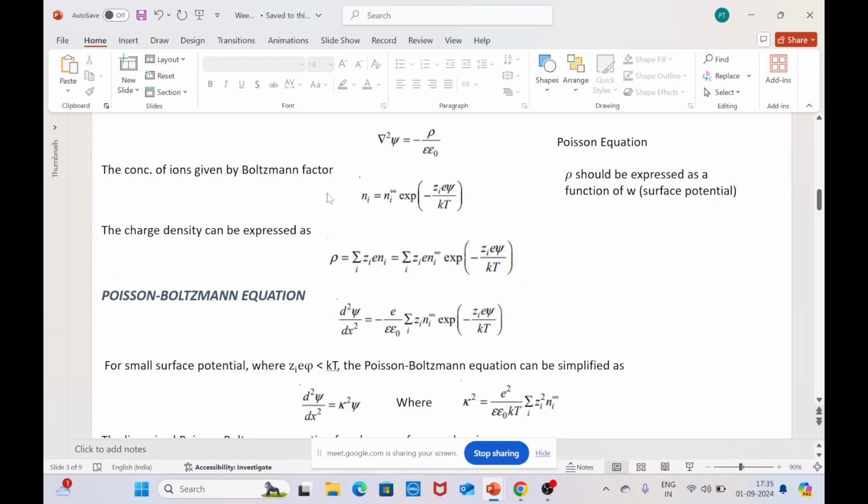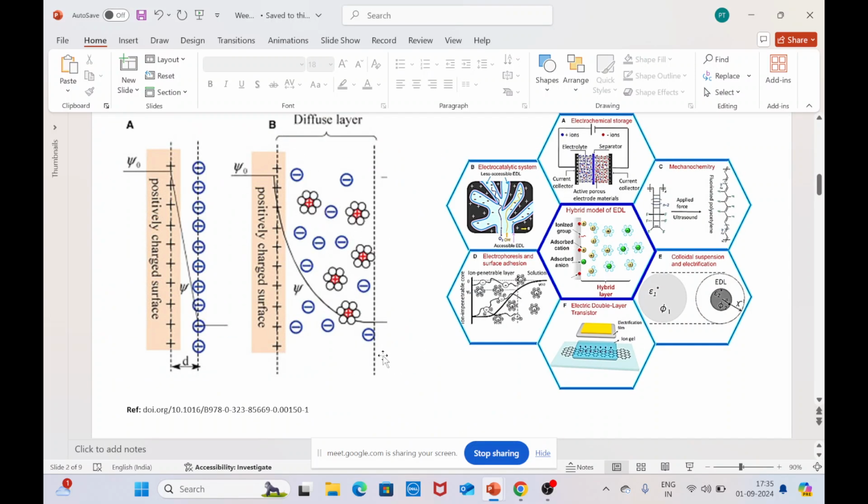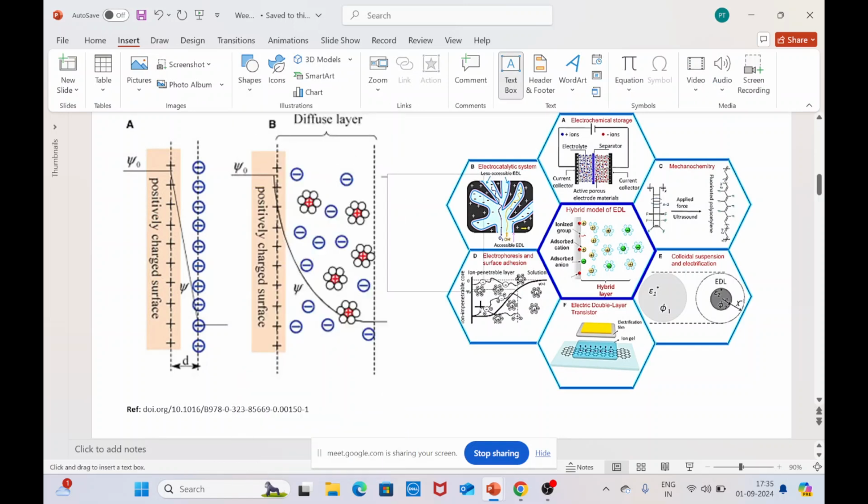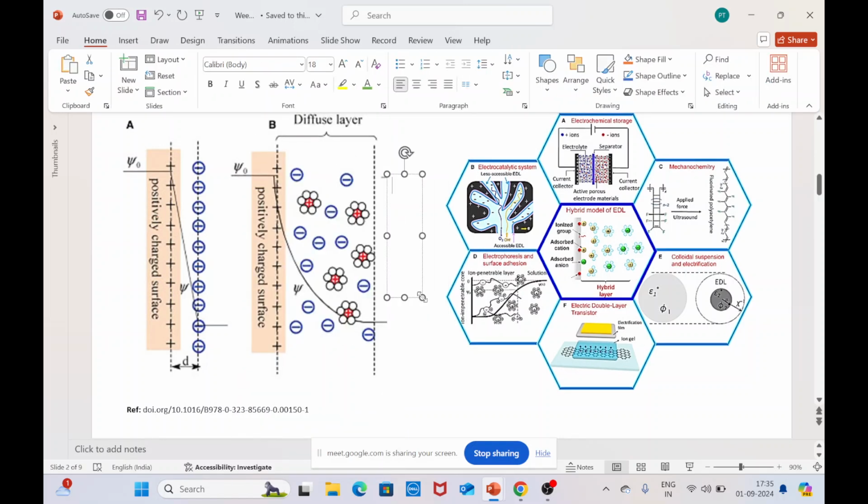If you see this diffusive layer, here you have a positively charged surface, and here you have the solution, the diffusive layer. After this boundary, all the empty space that you have is nothing but the bulk of your solution. The concentration at any place here can be written as Ni infinity.